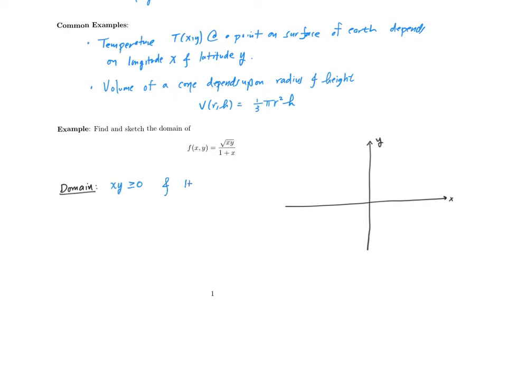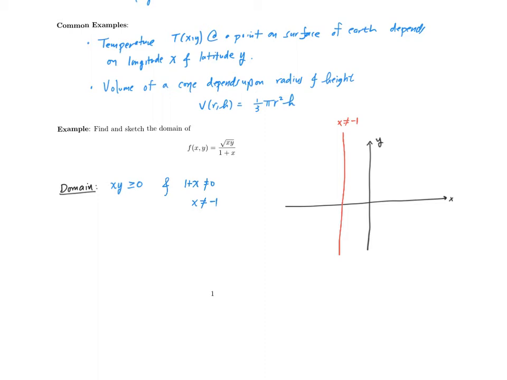And that 1 plus x in the denominator is not allowed to be 0. So immediately we know x is not equal to minus 1. And in our sketch that we're going to draw, I'm going to indicate x is not equal to minus 1. So red in this case is bad. We're going to stay away from that.